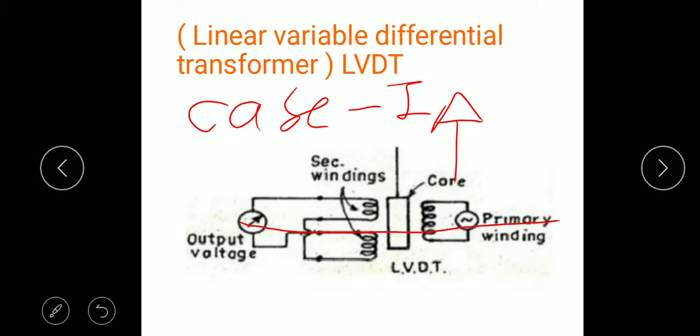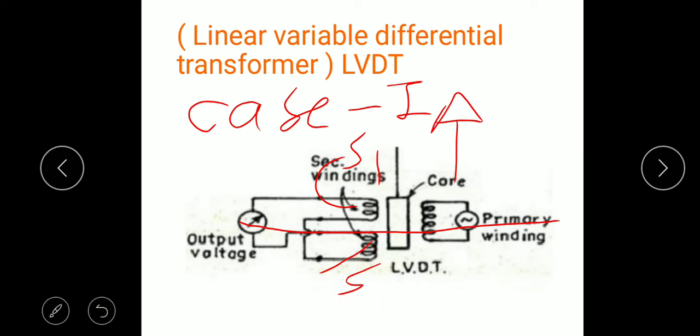So when the core moves up, the maximum portion of the core, or metal portion, comes in contact with the S1 coil rather than S2. Because of that, the EMF generated in the S1 coil is greater than the EMF generated in the S2 coil.